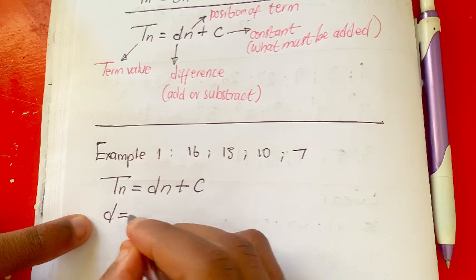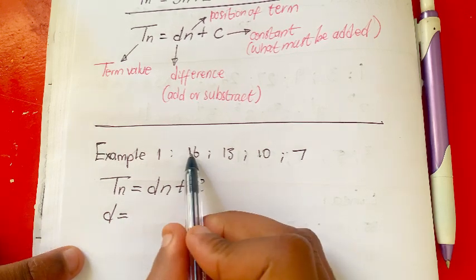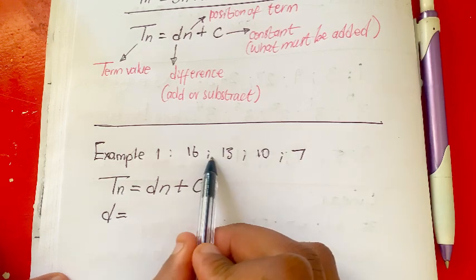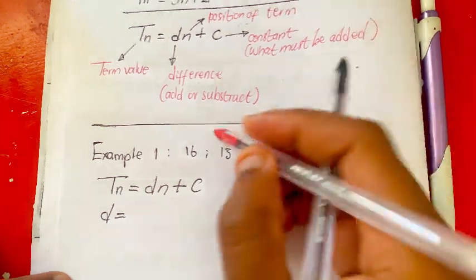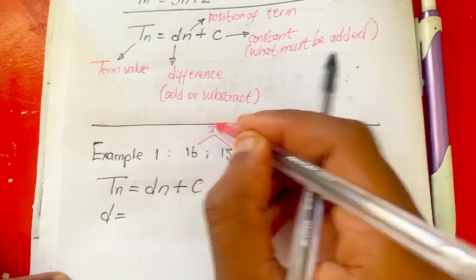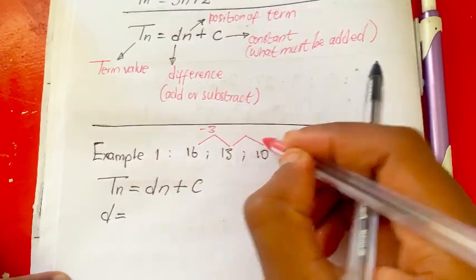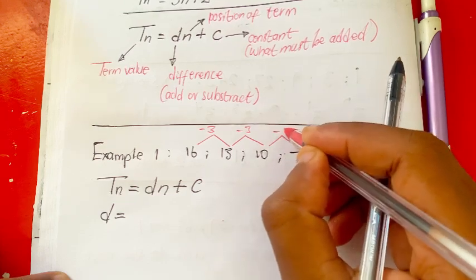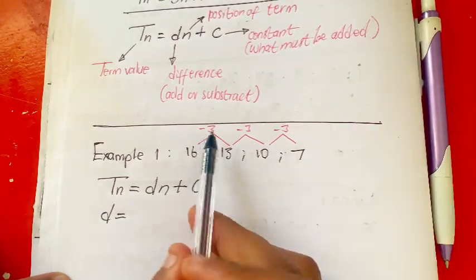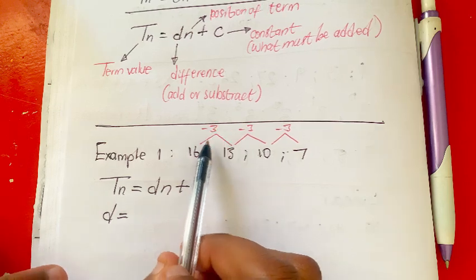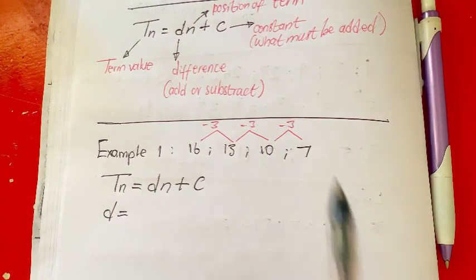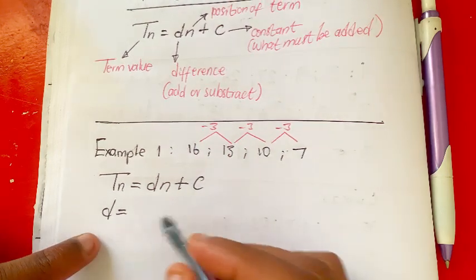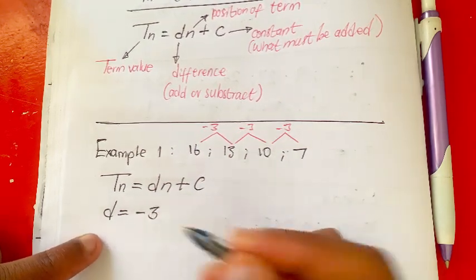Our difference D is equal to, if you look at this, you have 16, 13, 10, 7. 16 minus 13 is 3. Subtract. 13 minus 10 is 3. 10 minus 7 is 3. So each time you subtract 3. If it was going up, like if it was the other way around, it would be plus, plus, plus. Since it's going down, it's negative because you're subtracting 3 each time. So the difference will be negative 3.